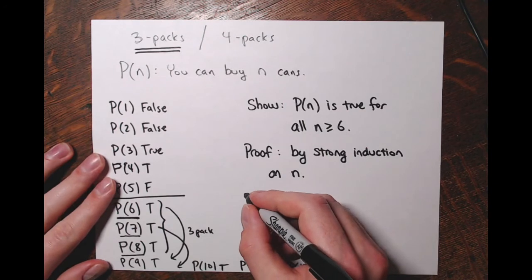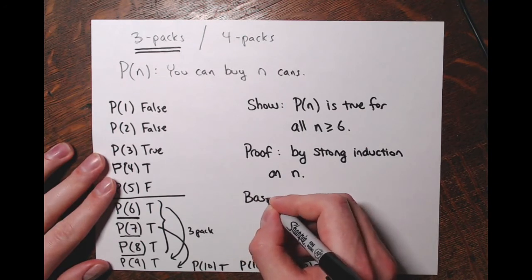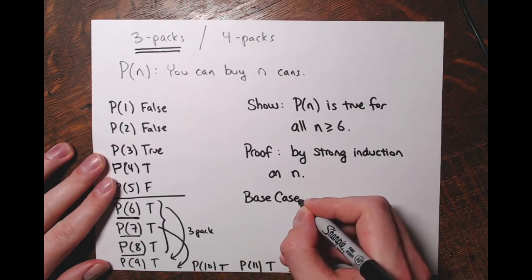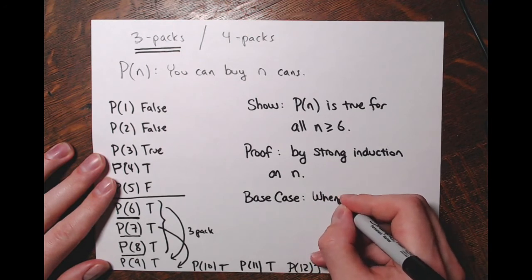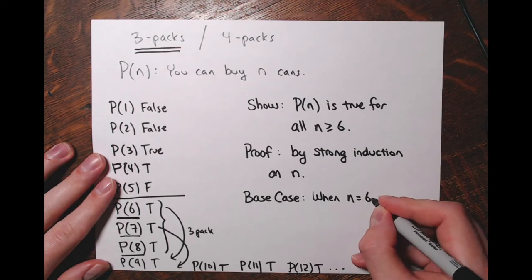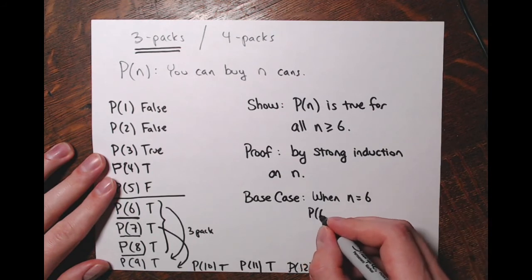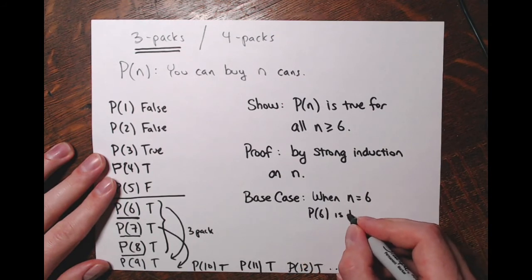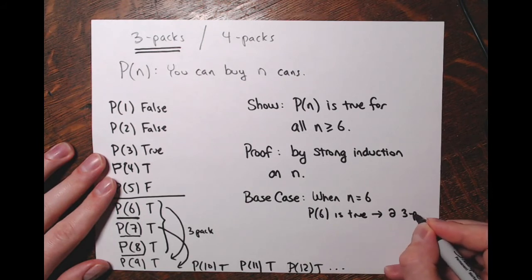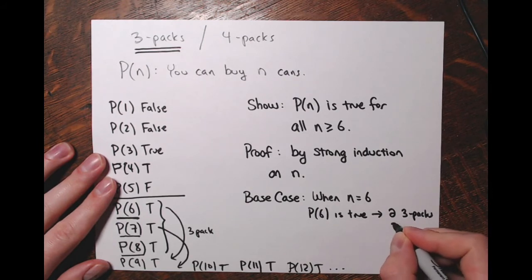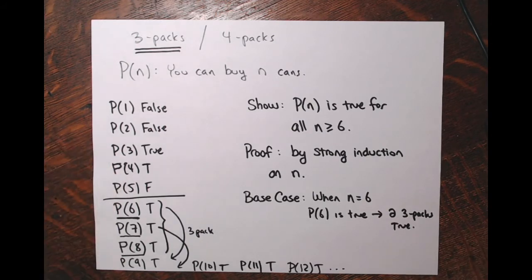So if I did one base case, let's see what happens when I do only the one base case. So when n equals 6, P of 6 is true. I can buy 6 cans with 2 3-packs. True, right? So I've shown it's true for at least n equals 6.